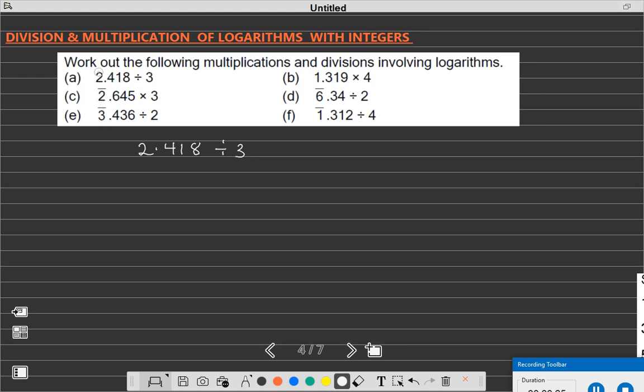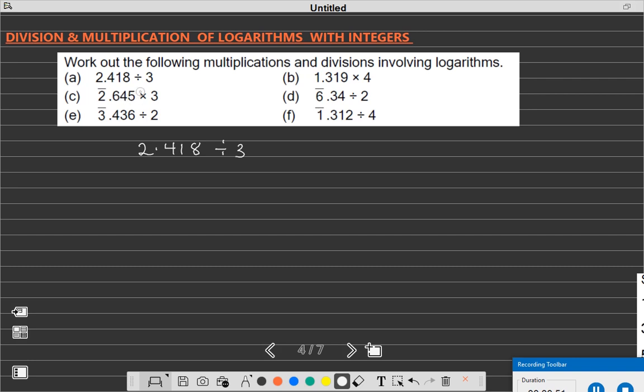The characteristic is the one which appears before the decimal point, and the mantissa is the one which appears after the decimal point. When the characteristic is negative, it doesn't mean that the mantissa is negative. Like here, where we have a 2 bar, that means 2 is negative. It is only 2 which is negative, but this 0.645 is positive.